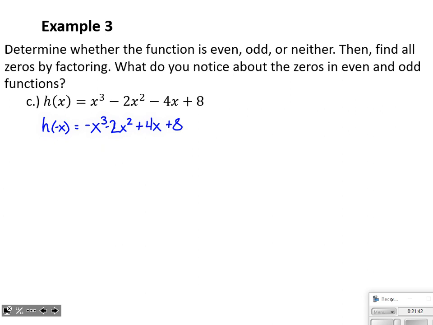No, so it's not even. Let's try distributing a negative into the original. That changes everything's sign. Is that an exact match to what was up above? No. So this is neither even nor odd. So let's find the zeros by factoring.